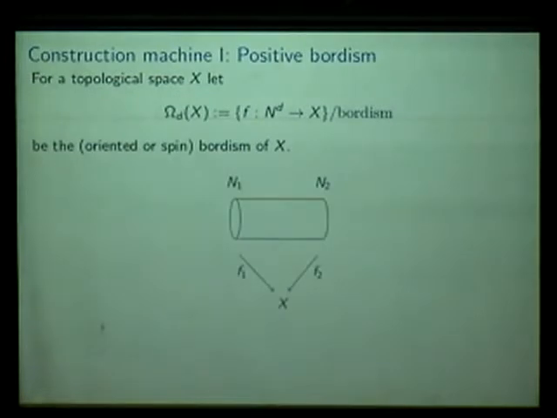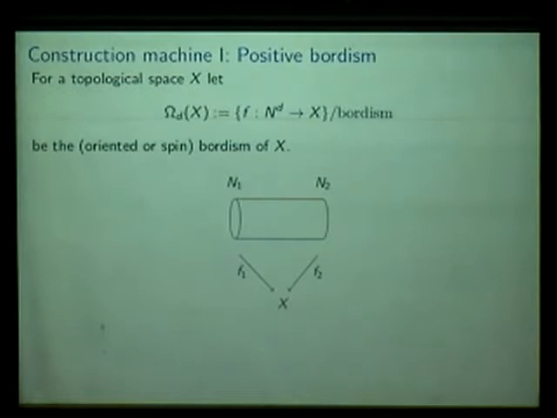The simple picture: we have a manifold N1 with a map to X, another manifold N2 with a map to X, and these are identified in that group if we find a manifold cobounding the disjoint union of N1 and N2. Of course there are many flavors of bordism theory, oriented, spin, and many others. Let's not put so much effort into this distinction, but this definition is really important here.